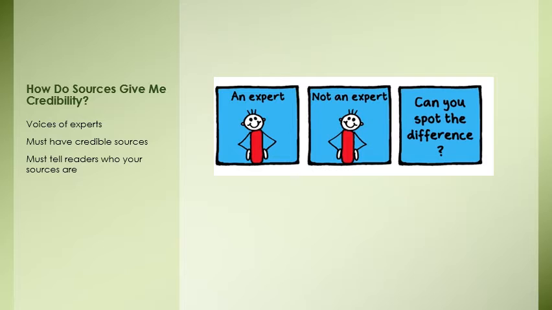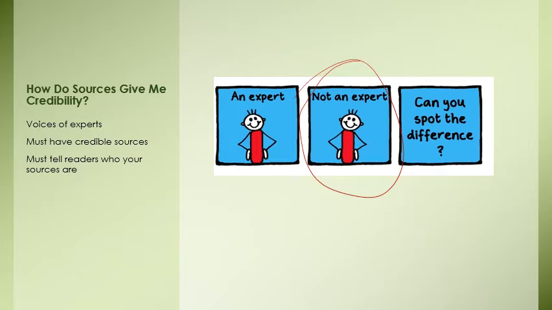Secondly, how do sources give you credibility? So most of the time when we write, we're not the expert in the field. We are not the utmost person who knows more than anyone else on the planet about the topic we're writing about. So if you are not an expert, then quoting the voices of people who are experts makes you credible because it says, I may not be an expert, but I've read the people who are experts.